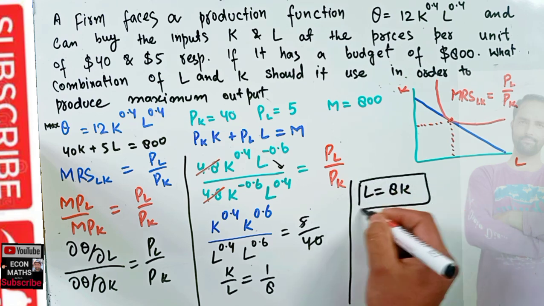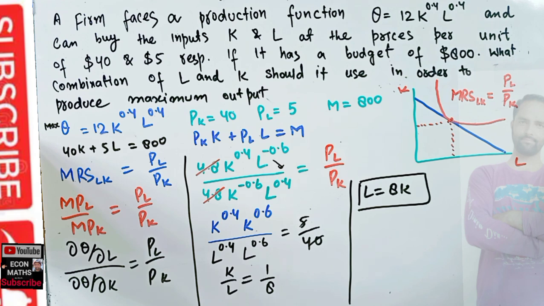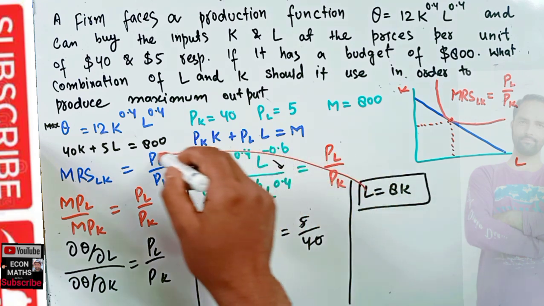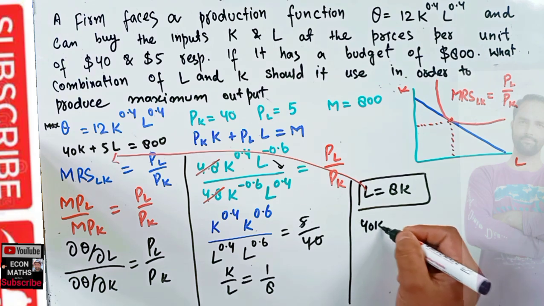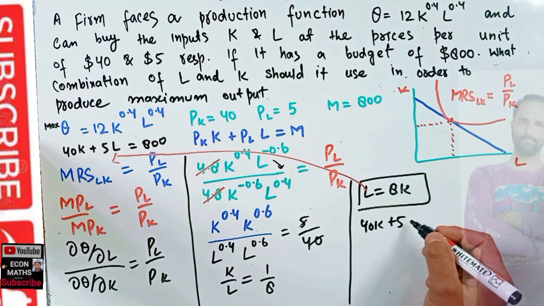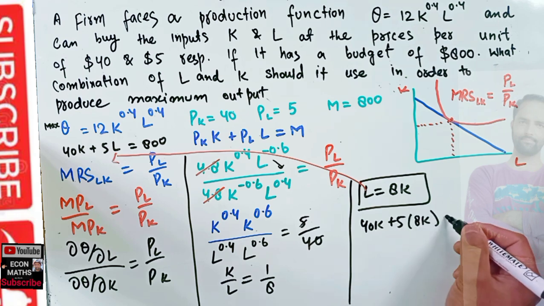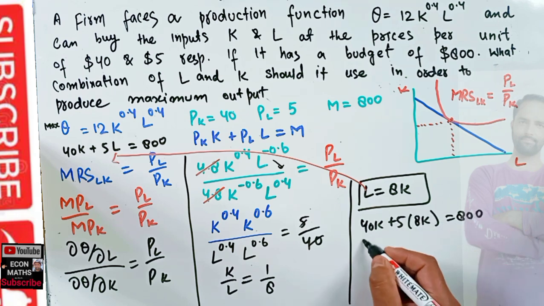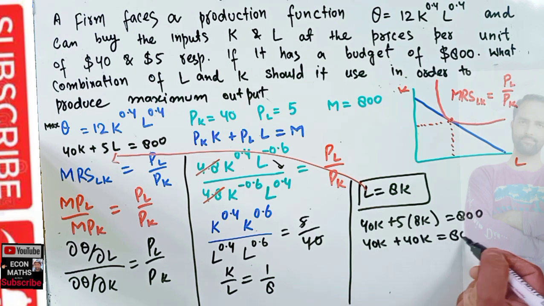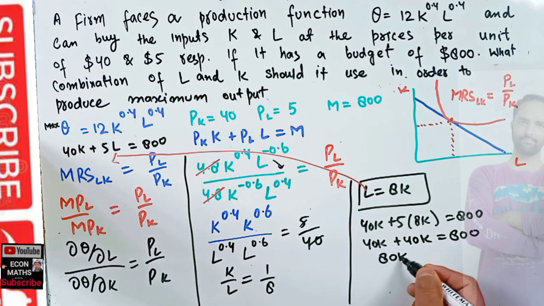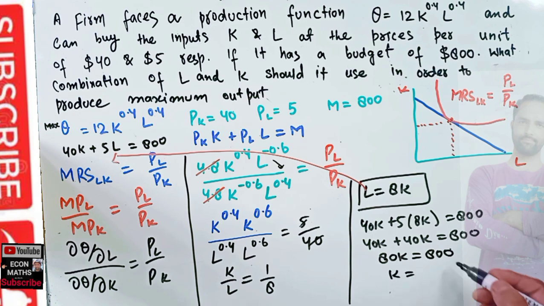Now let's plug the value L equal to 8K into our budget constraint. So we have 40K plus 5, in place of L we have 8K, is equal to 800. So 40K plus 5 eights are 40K is equal to 800, which is 80K equal to 800. Dividing both sides by 80, K will be equal to 800 divided by 80, so we have 10.